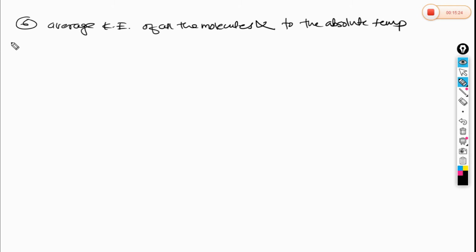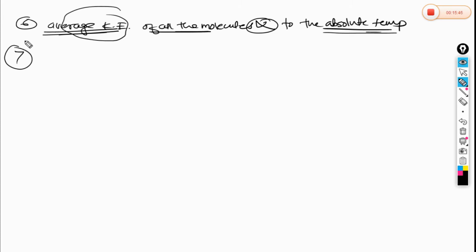This is important. The average kinetic energy possessed by all the molecules is proportional to absolute temperature. If we change the temperature, there is a change in the kinetic energy of the gas molecules.